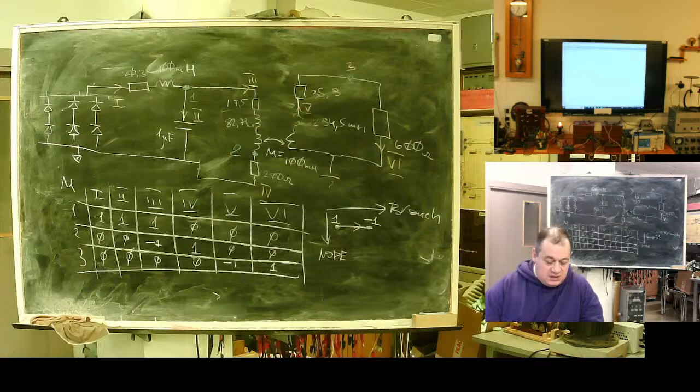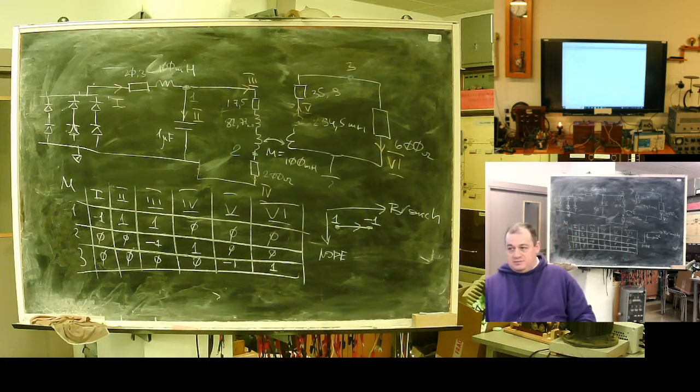Now what will I need? Inversion. I need inversion of the resistance matrix. How will I do it? I will use my Jordan function.